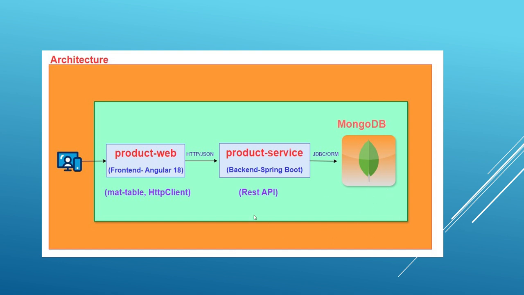So this is about the overall architecture of our product system and the subsystems in that. We are going to create product web, front end application, product service, backend application, and MongoDB as a database.